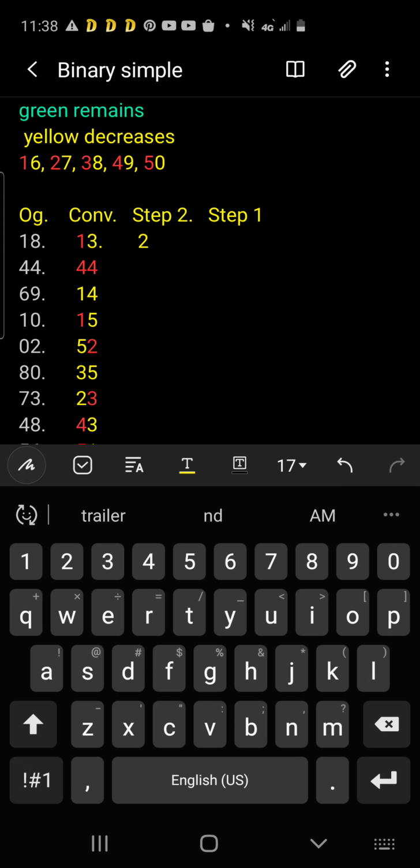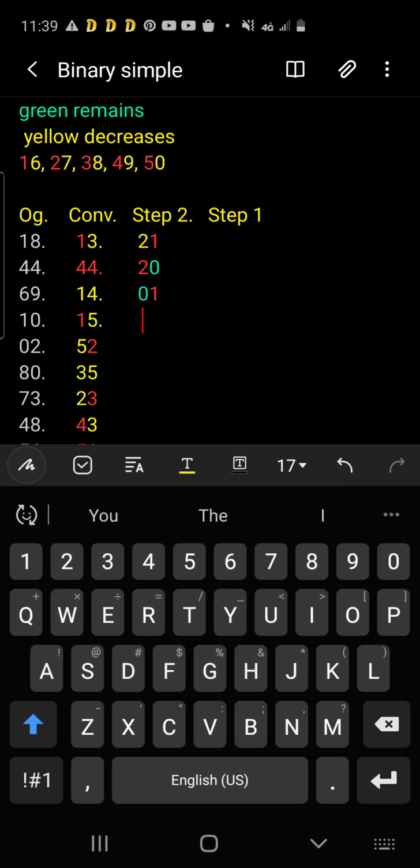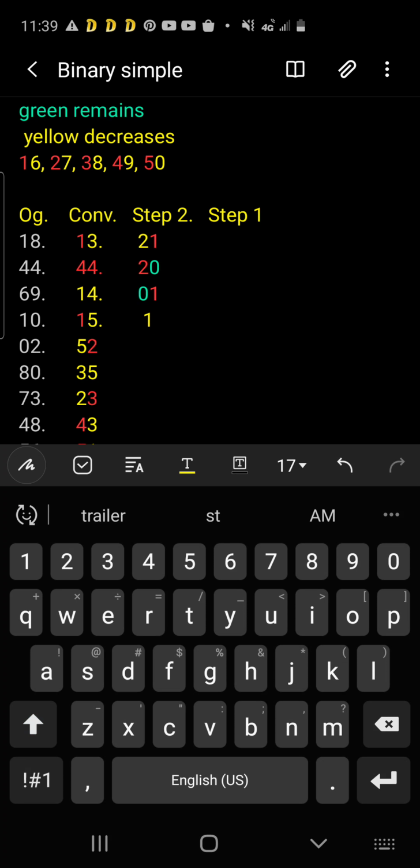Then we do 1 to the 1 is a green 0. 4 to the 1 is a red 1. 1 to the 5 is a yellow 1.